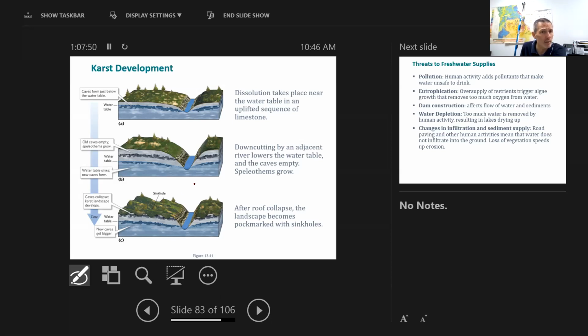So it's lowering the water table in this region as it's dissolving these rocks, and you're going to end up with lots of these sinkholes. In some of these cases, these sinkholes will have water in them, because that is in fact a window to the water table.